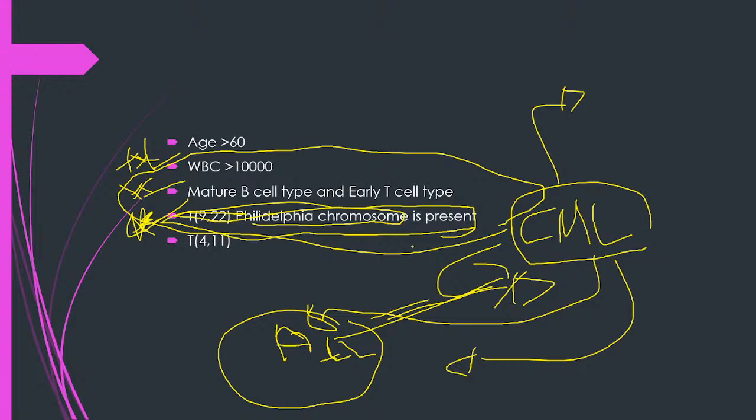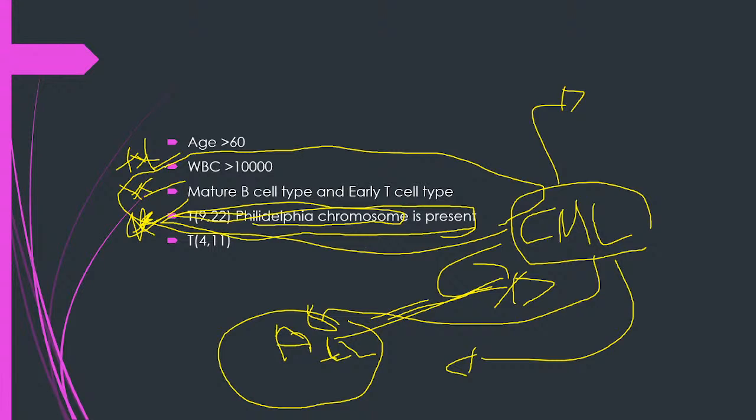All right, so please don't forget that one. A lot of students confuse the Philadelphia chromosome with CML only, but it's actually found in patients with ALL as well. But it is used as a prognostic marker.